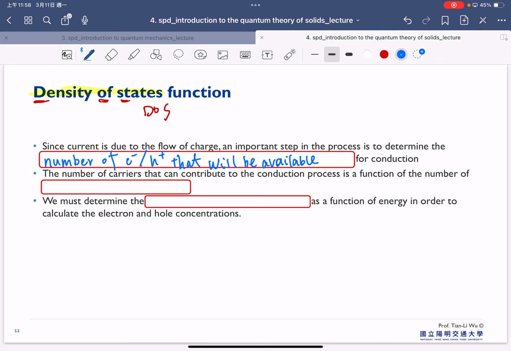If you want to have current conduction, first you have to understand how many electrons and holes are available for conduction. So the number of carriers that contribute to the conduction process is a function of the number of available energy or quantum states.